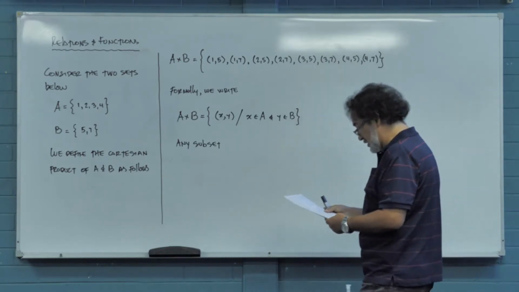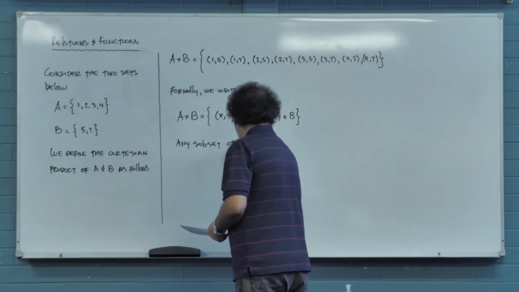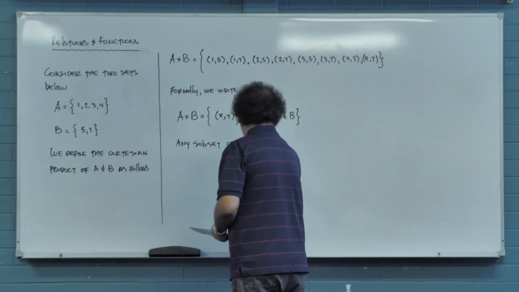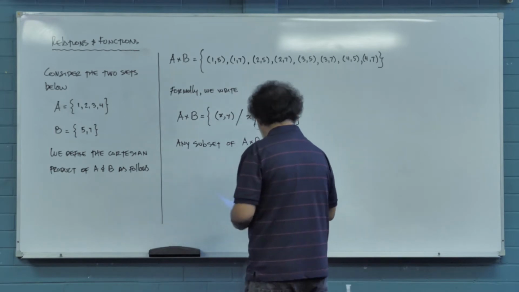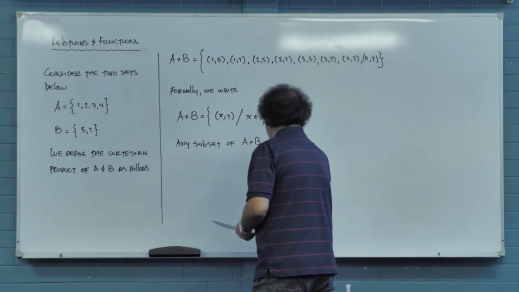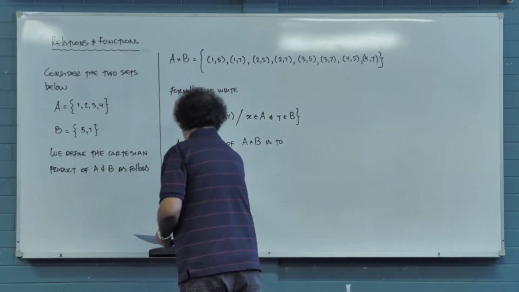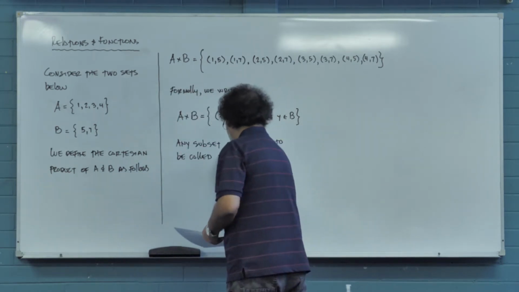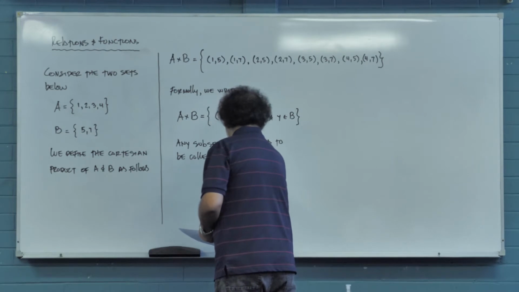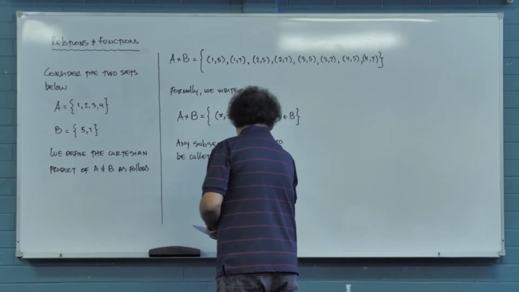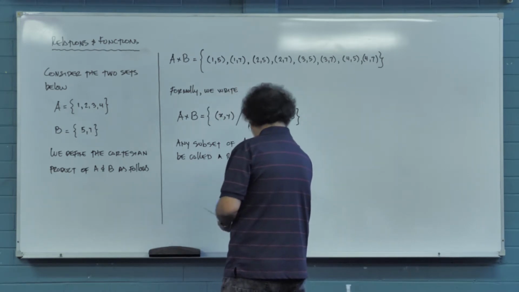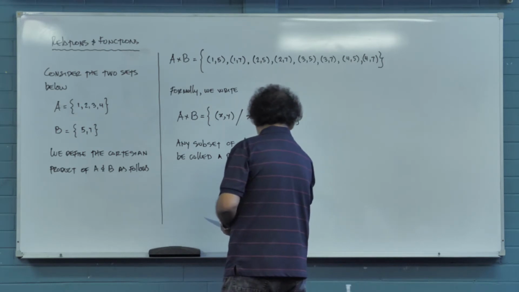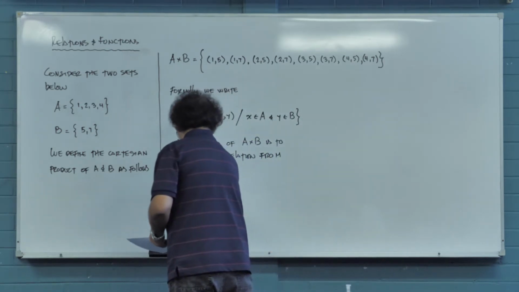So we're going to say any subset of A times B is to be called a relation from A to B.